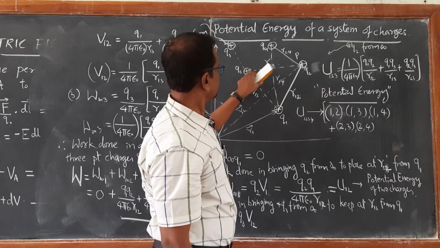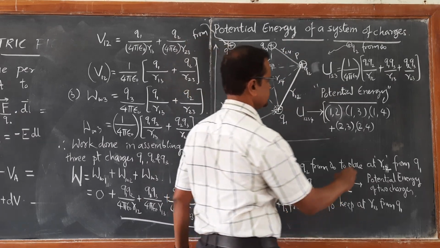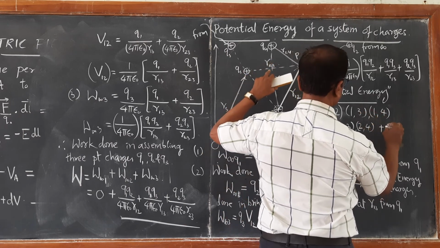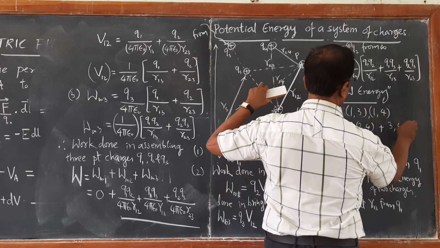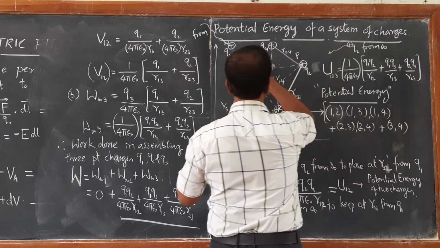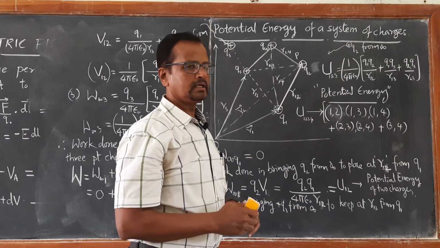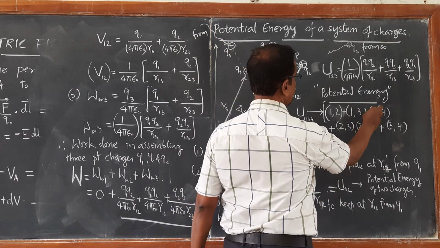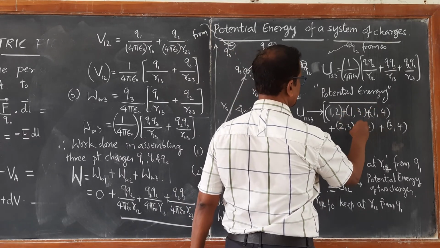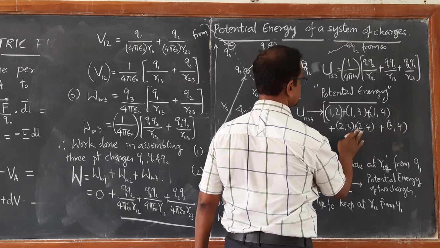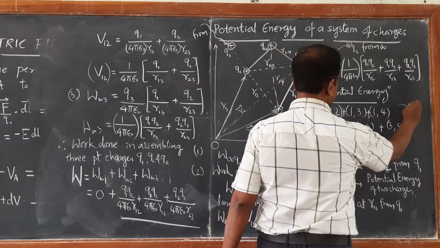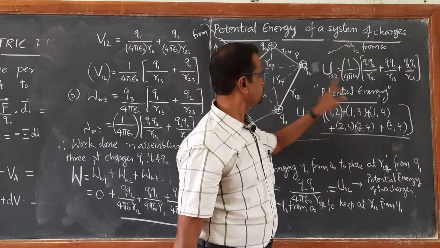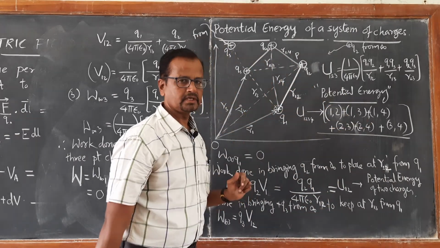Now the third charge is also left, so 3 4. So the last interaction is 3 4. So these are the number of interactions. Accordingly, you will have 1 2 3 4 5 6 terms. You will be having 6 terms if there is a system of 4 charges.